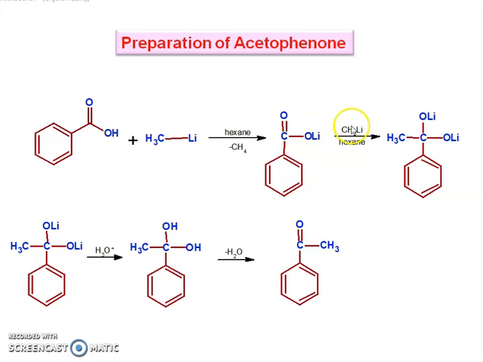Another molecule of methyl attacks here, so methyl is on that side and a new O lithium bond is formed here. This intermediate is treated with water to get OH here, and after removal of water molecules, we get the final product, acetophenone.